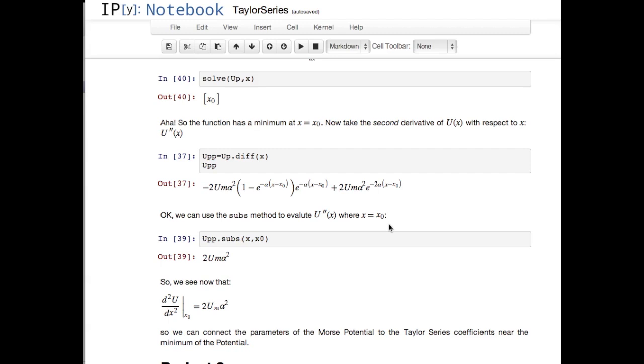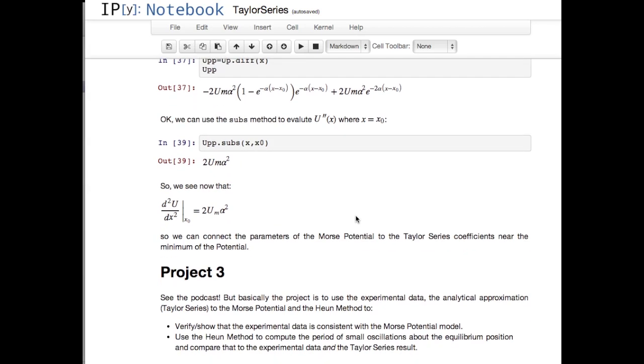And then the question is, what if I evaluate the second derivative at the location of the minimum? The way you do that is you use the subs command, which means substitute. So evaluate UPP, but substitute X0 for X. And it figures out that if you plug in X equals X0, this is a 1, and this is a 1, and the whole thing boils down to 2 times Um times alpha squared.